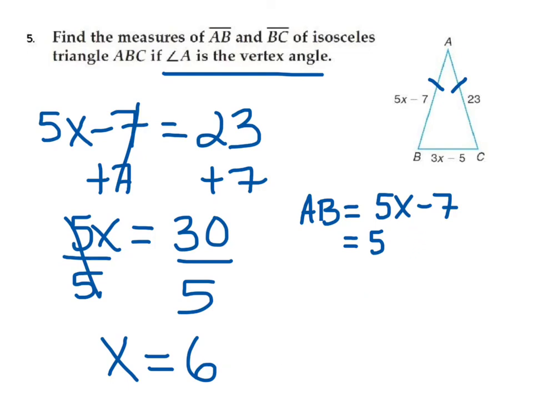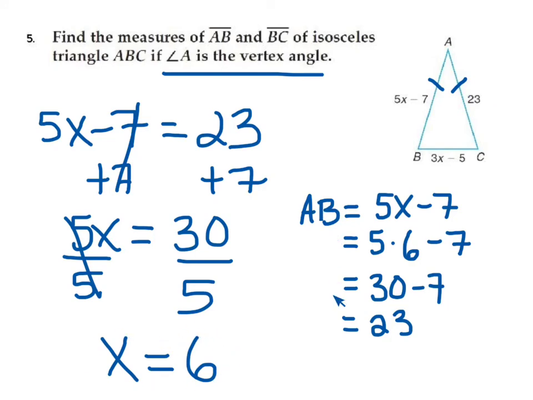So we end up with 5 times 6 minus 7, which gives us 30 minus 7 for a grand total of 23, which actually we already knew, and since we found the value of x, this helps us to check that we found the correct value of x.